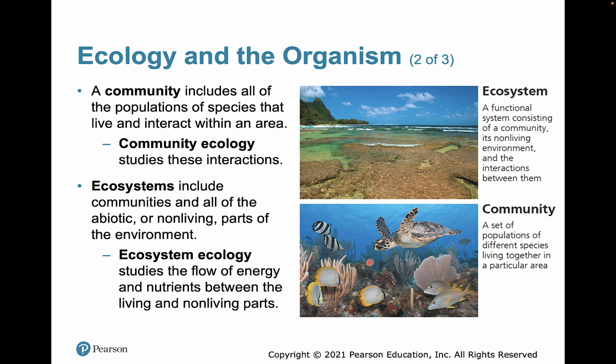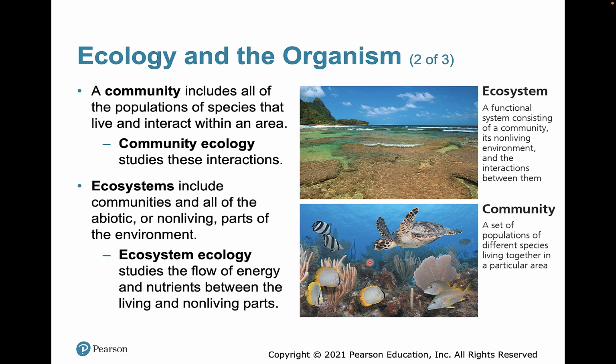And then if you take all of those communities and the abiotic, blast from the past, or non-living parts of the environment: water temperature, water depth, pH, air temperature, soil pH, whatever, any of those things, you get an ecosystem.